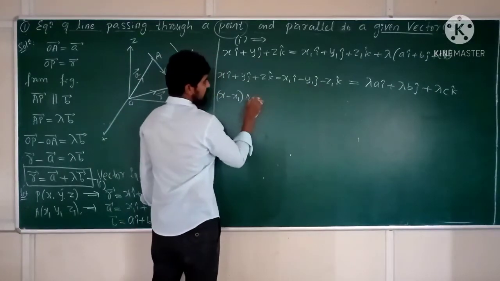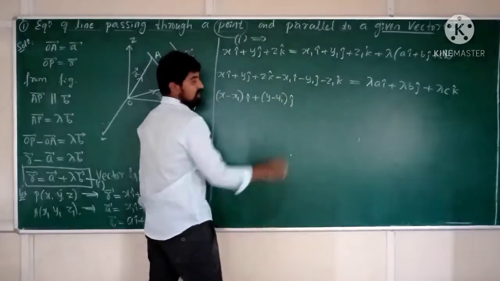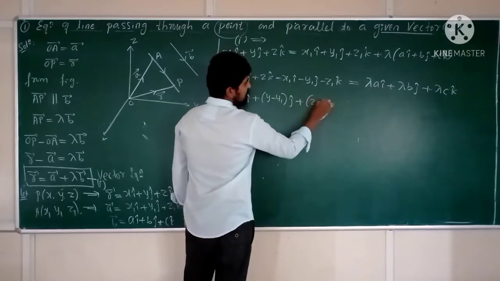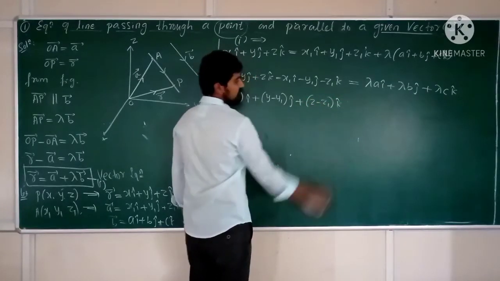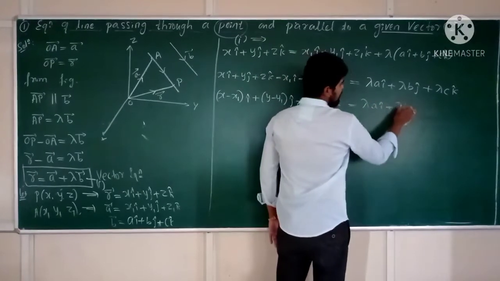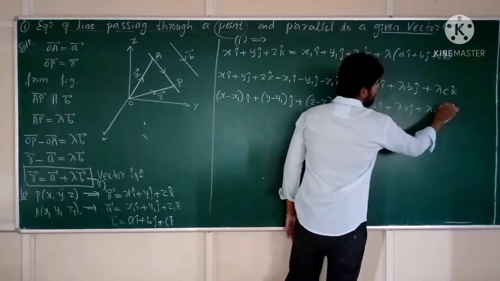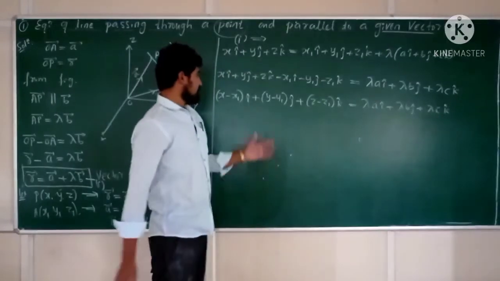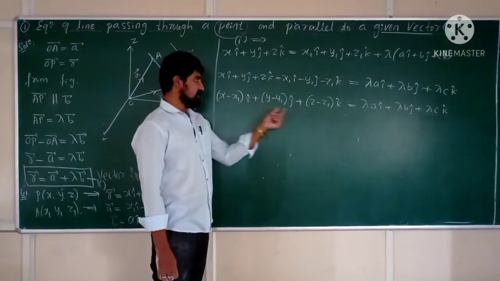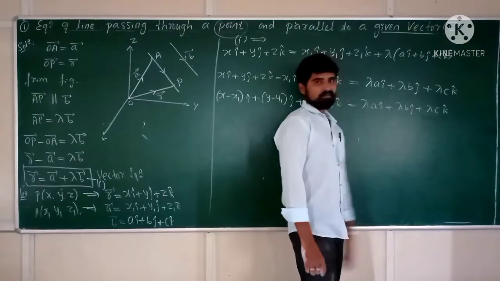Similarly (y minus y1) j plus (z minus z1) k equals lambda ai plus lambda bj plus lambda ck. So on the left side there exists a vector of the form ijk, and on the right side also there exists a vector of ijk form.